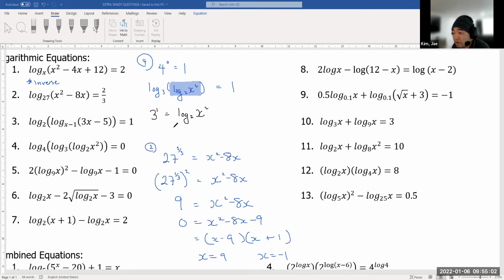Let's go one step further. Log of base 2 of x squared is equal to 3. Which means 2 to the power of 3 is equal to x squared. Continue on. I'm running out of space. 8 is equal to x squared. So x is equal to plus or minus root 8.